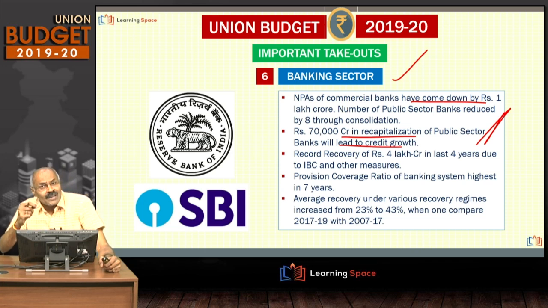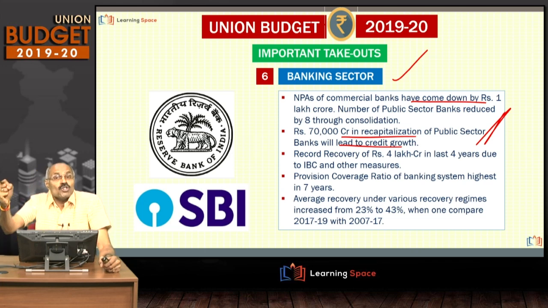Because of this money, they can push lending to various sectors, or you can say they can give more money to various sectors, right?